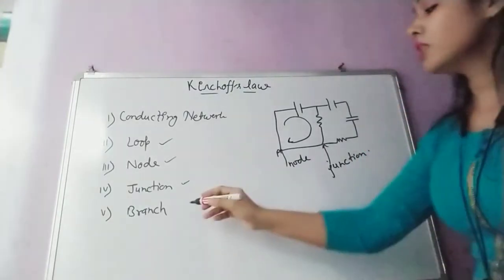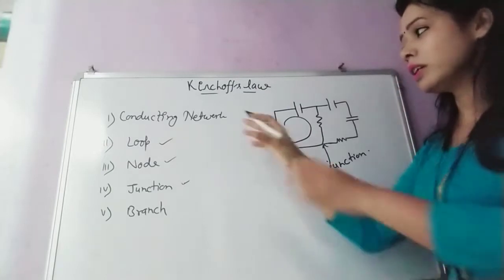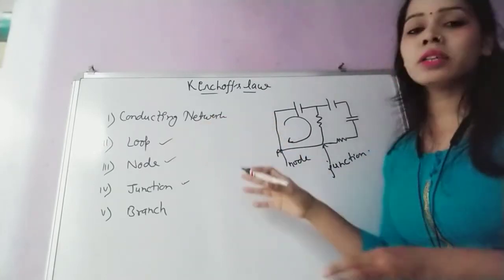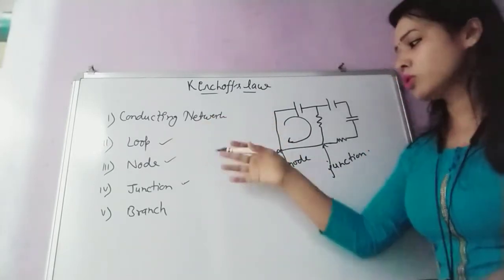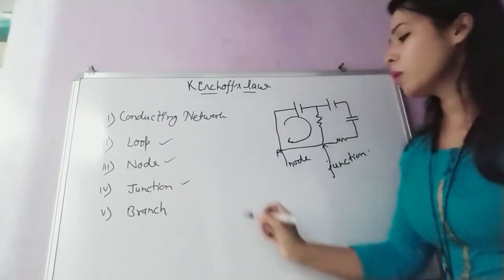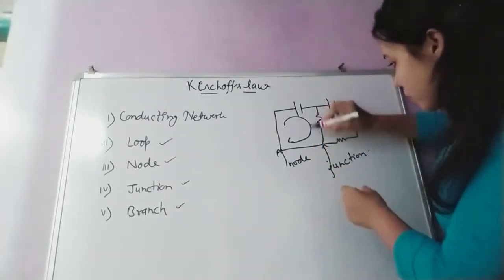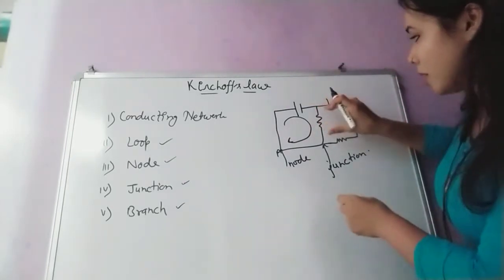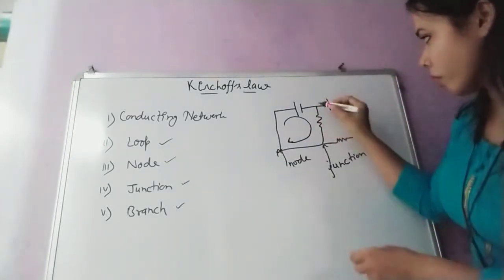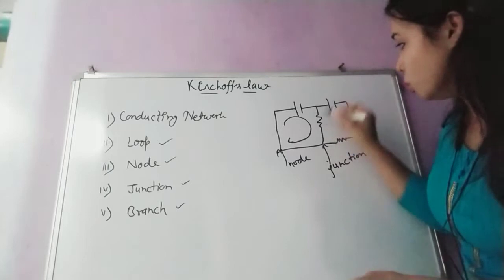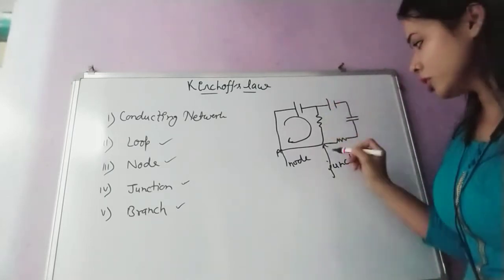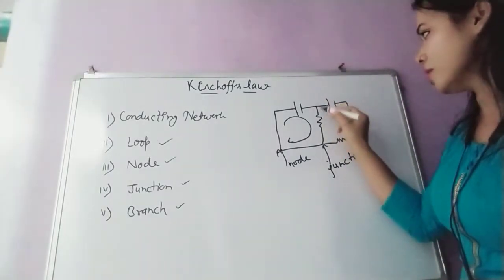Now what is a branch? You need not write this. You only have to understand it, because the definition doesn't come in your exam, and you also will not write it in your copy. So what is a branch? The part of the circuit which lies between two junctions. This is a junction also, and this is a junction also, because three wires are connected here.